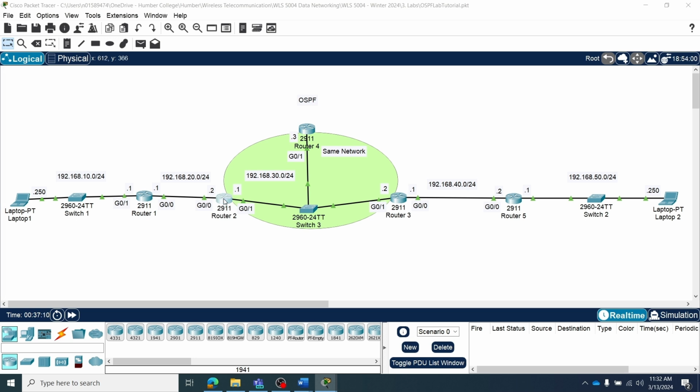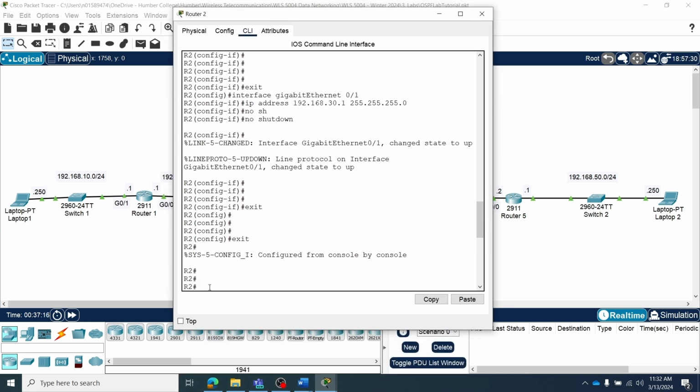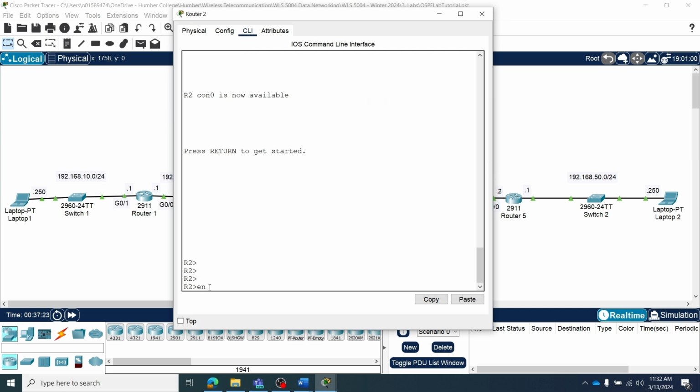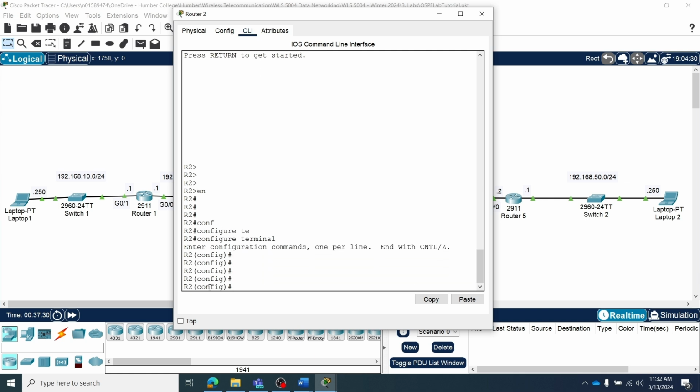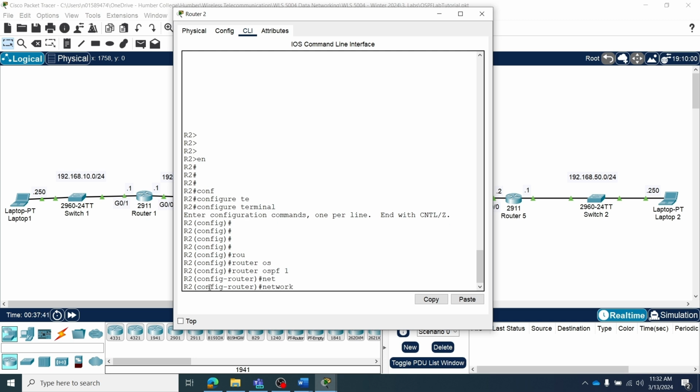Router 2. Again config mode, config terminal, then router OSPF, then the process number 1, then network.